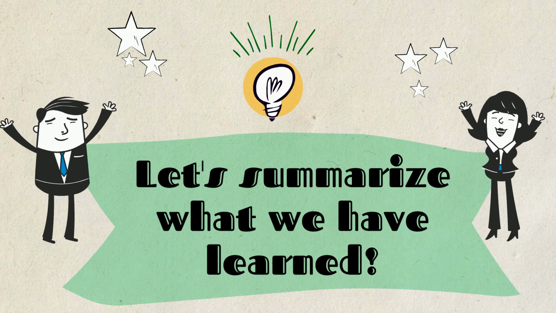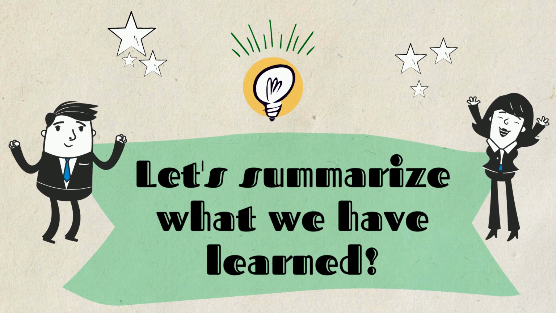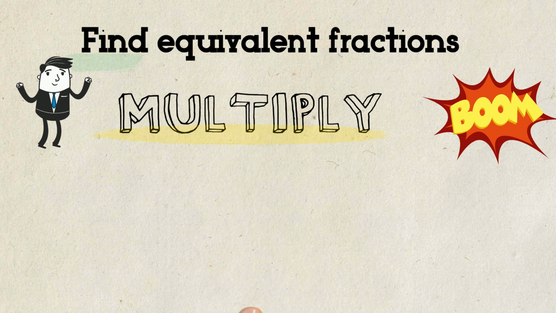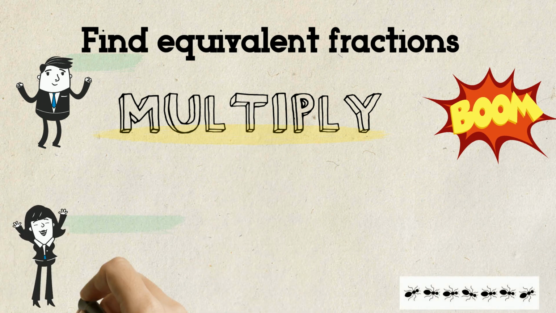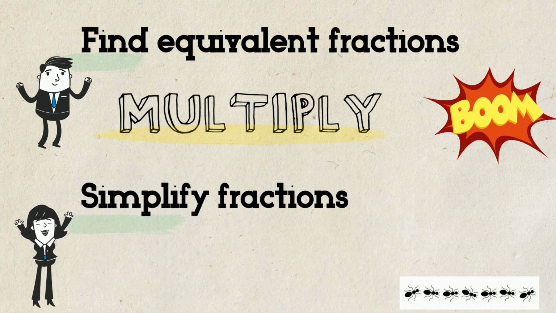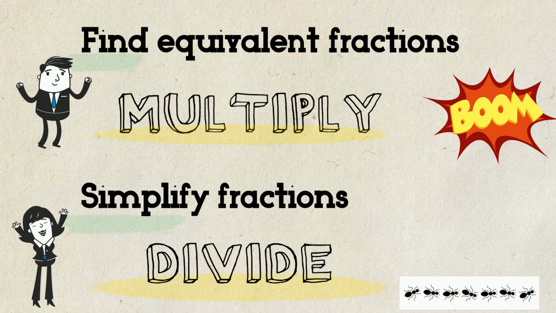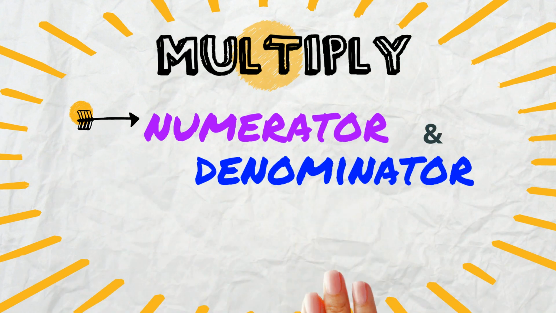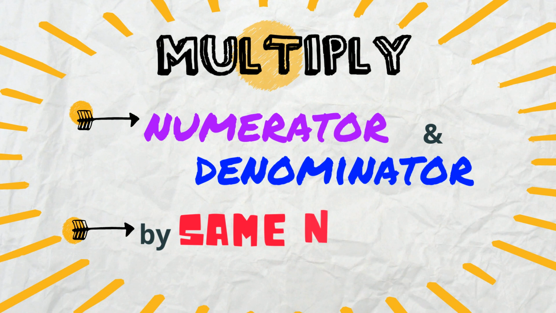Let's summarize the new key concepts that we have learned today. We have learned to find equivalent fractions by using times, and we have learned how to simplify fractions by using divide. To find equivalent fractions, we multiply the numerator and denominator by the same number.